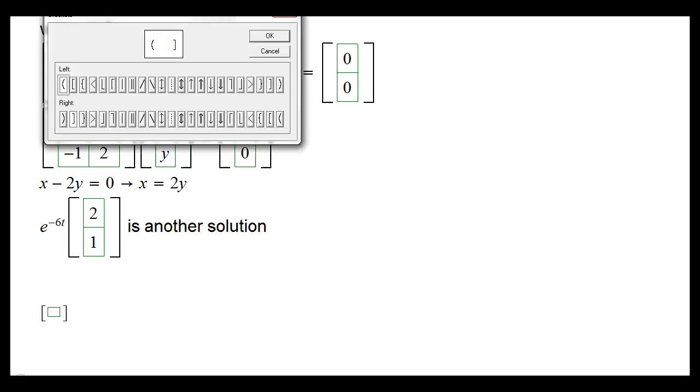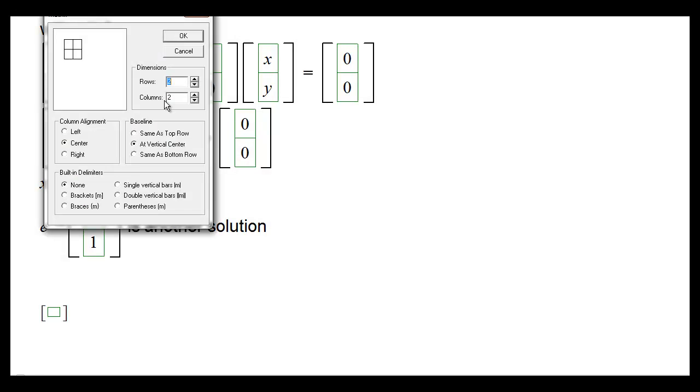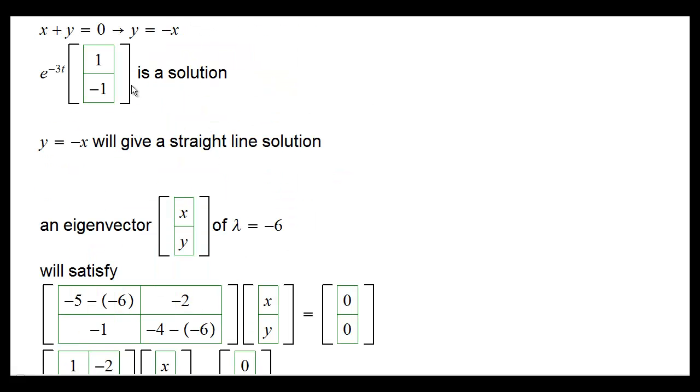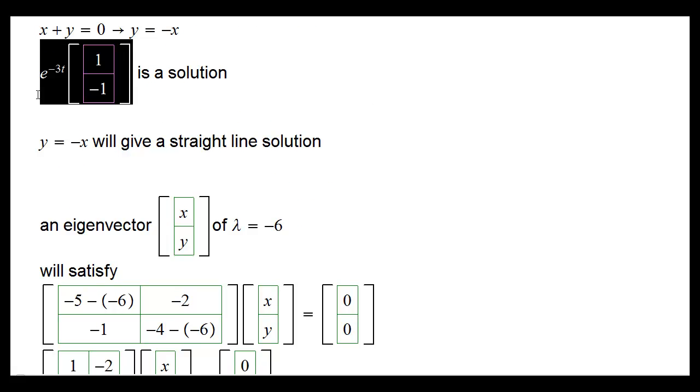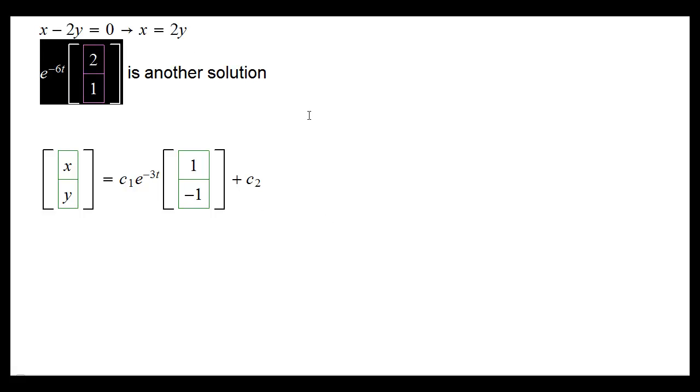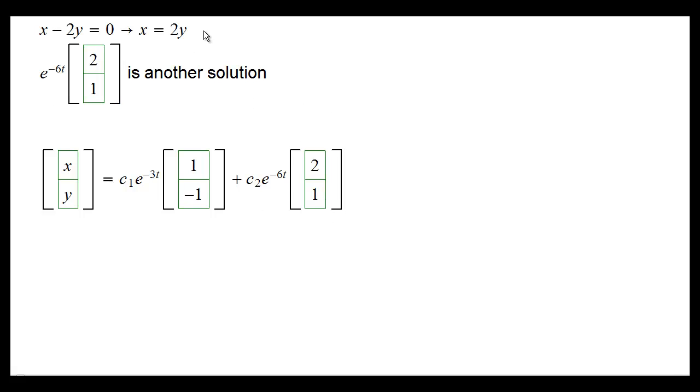Just write x, y, where x and y both are functions of t, and here we have, which one was our first one? Right here, I got a solution, then I have another linearly independent solution from this one. So combining these two, this is a general solution.